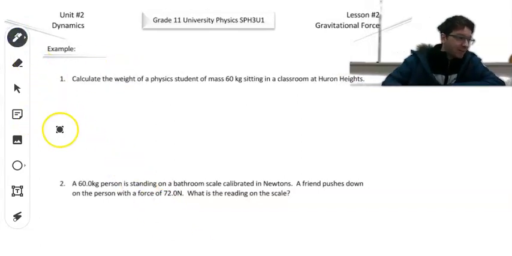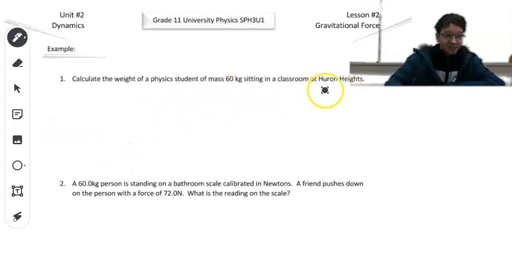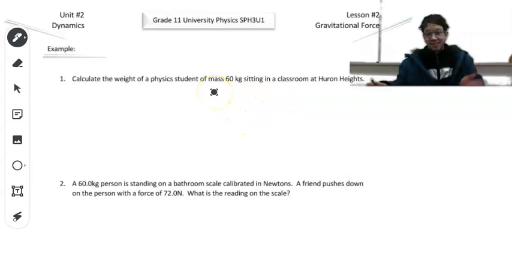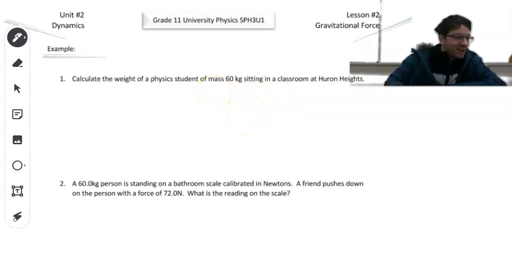I'm going to do it for a theoretical student in a classroom at Huron Heights. Currently, there's nobody in this classroom. But our student has a mass of 60 kilograms. See, it's so ingrained in the English language to say weighs. So to calculate the weight, when it says weight, we're actually going to calculate that force of gravity that acts on the student. In this case, it is mass times that gravitational field strength.